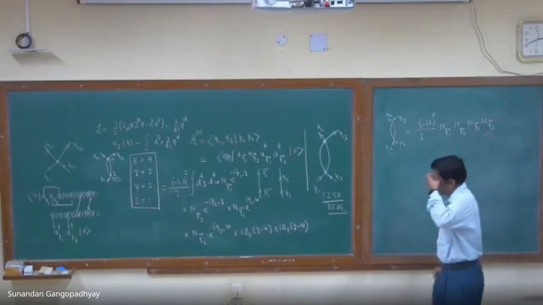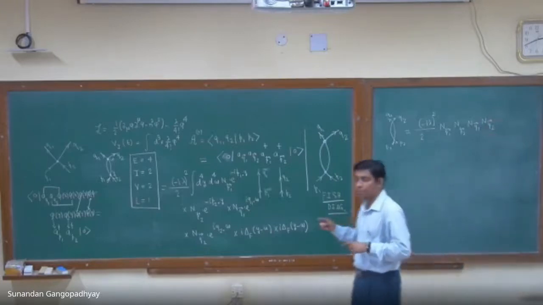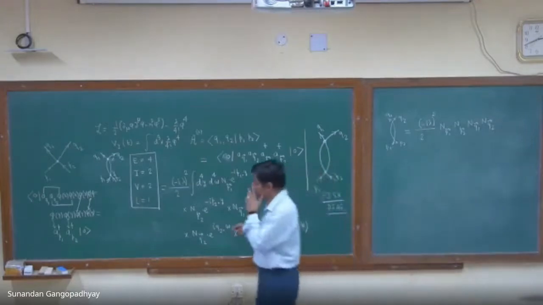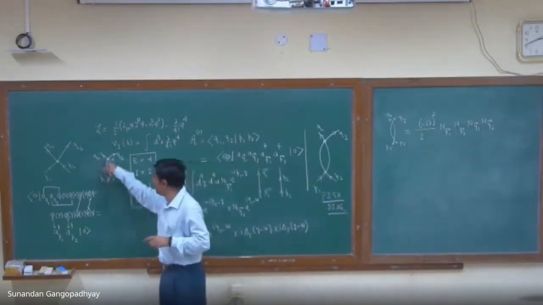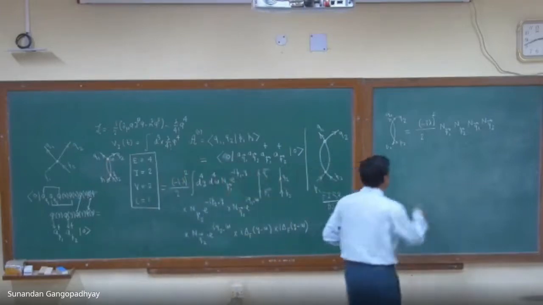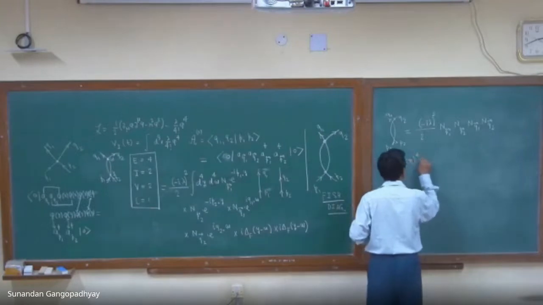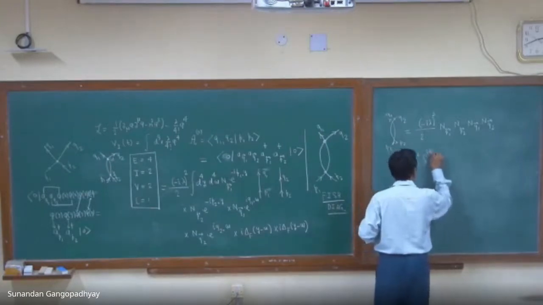So this takes care of the external legs, and for the momentum space Feynman rule, there is another rule that the overall 4 momentum conservation must be there, and for that we have a factor of (2π)^4 delta function, 4-dimensional delta function.